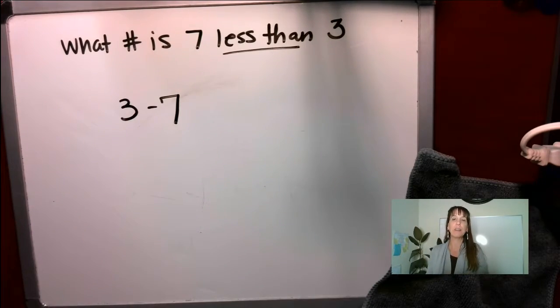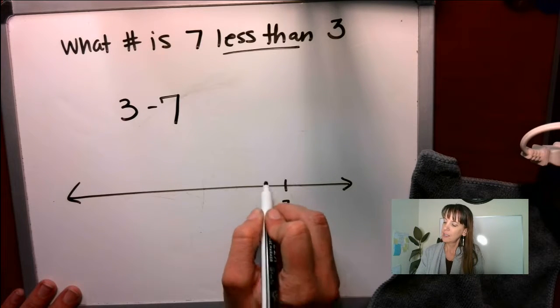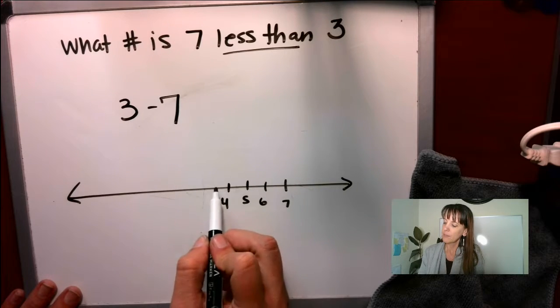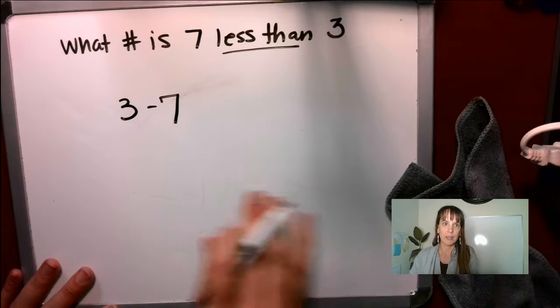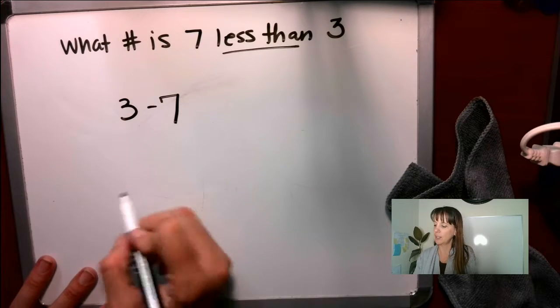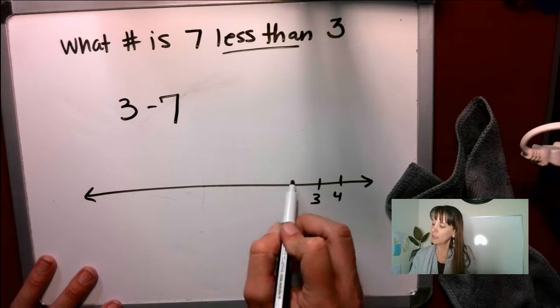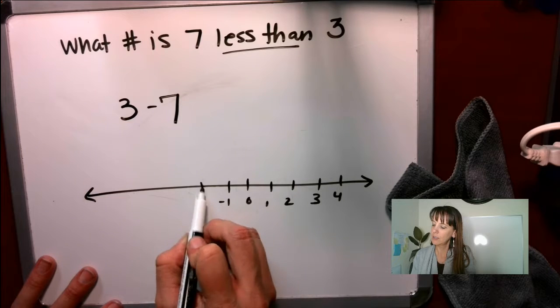3 minus 7. Again, we could use our number line, right? Oh, you know what? That was dumb. We're starting at 3, guys. 3 minus 7. Let's try that again. So 4, 3, 2, 1, 0, -1, -2.